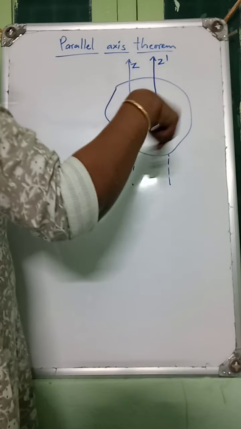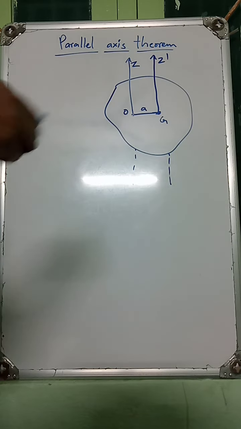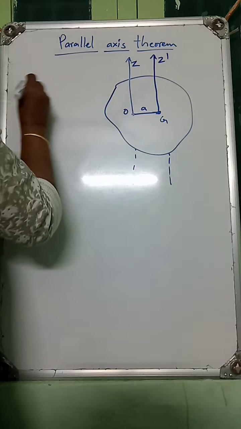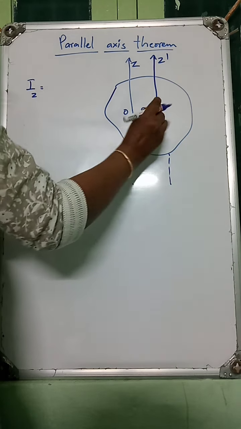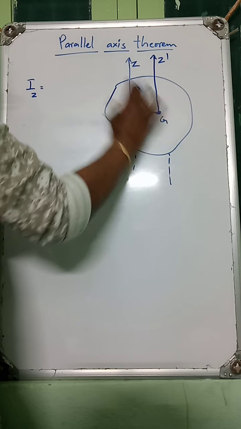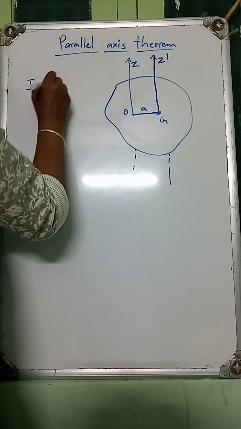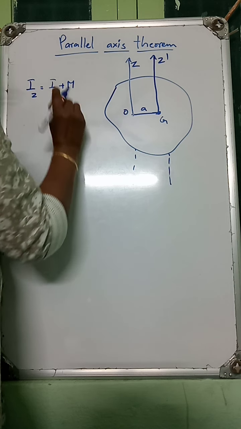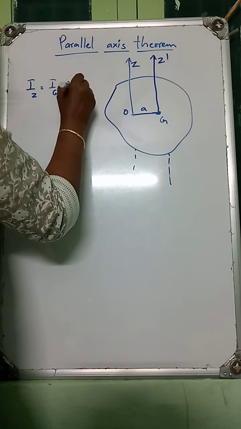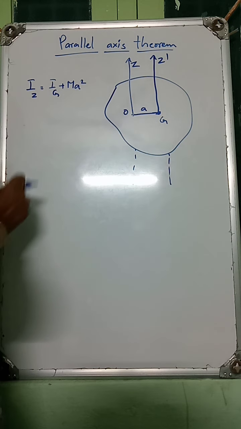To calculate the moment of inertia of this lamina about the z axis, Iz, the moment of inertia is equal to the moment of inertia about the center of gravity plus the total mass times the square of the perpendicular distance between the two parallel axes.